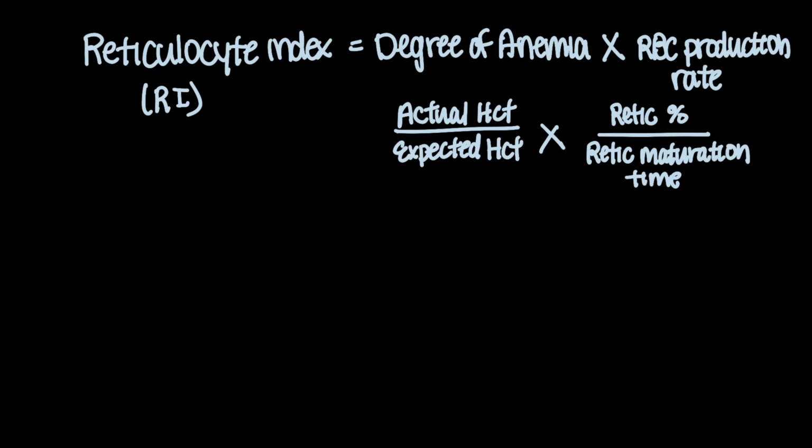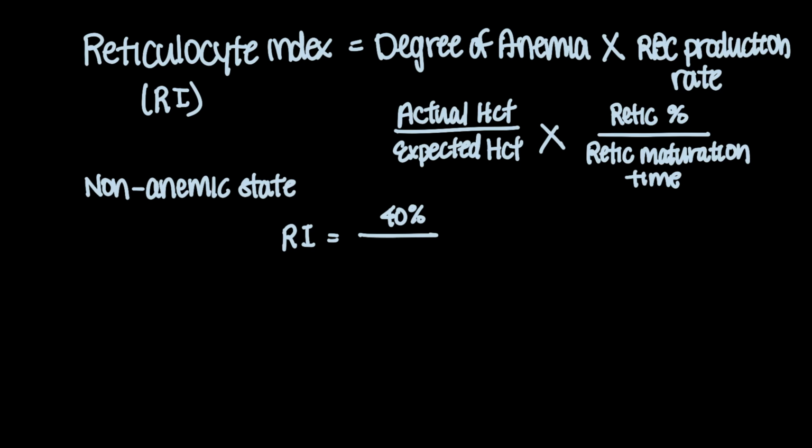So first, I just wanted to give a quick example of the reticulocyte index in a non-anemic individual, where the actual hematocrit is about 40% and the expected hematocrit is also about 40%. And if you were to get lab values on this non-anemic individual, their reticulocyte percent or reticulocyte count would be about 1%.